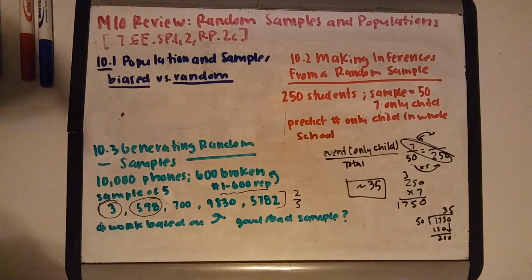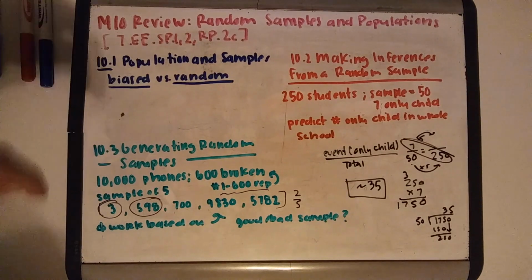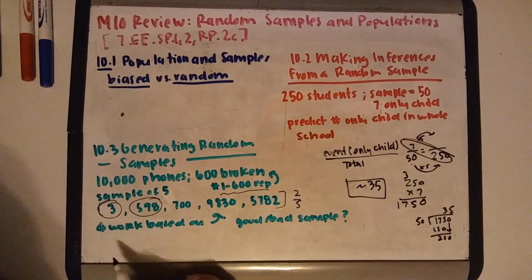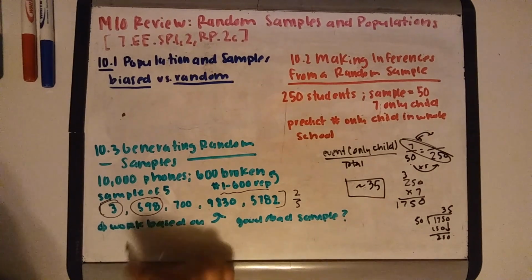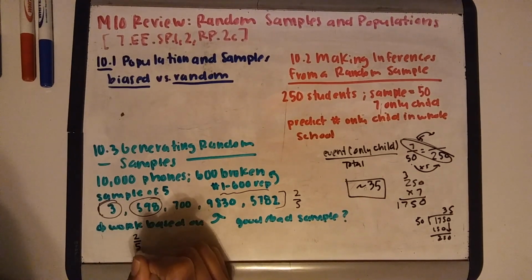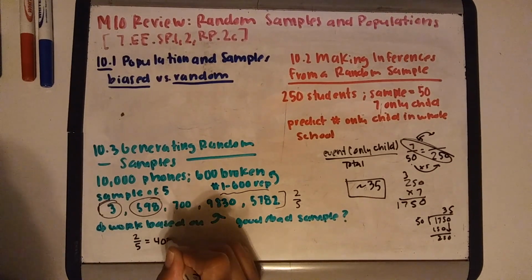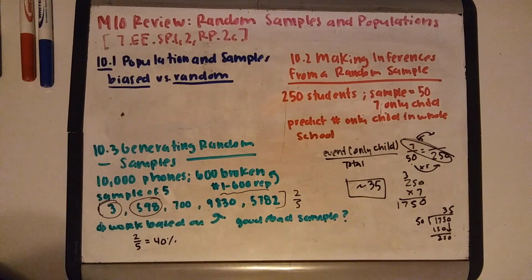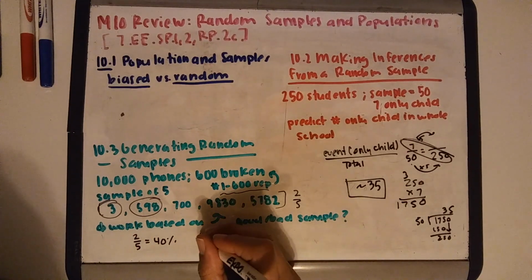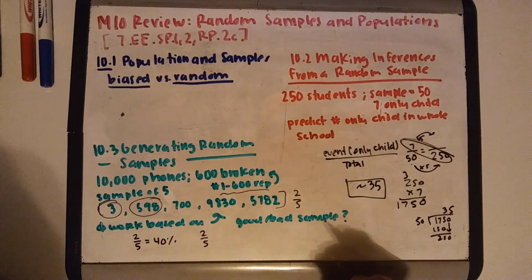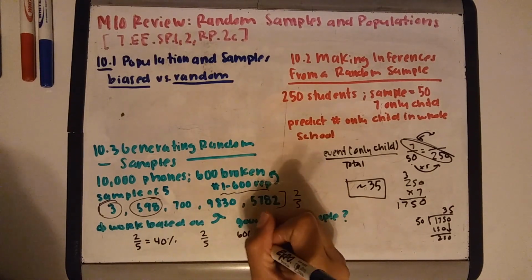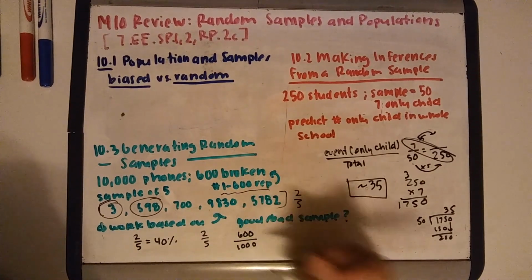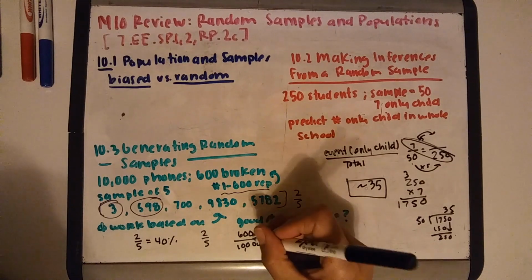Let's see if that's a good sample that you chose, and if not, why. Based on this sample of only 5, you figure out that basically 40% of the phones are broken, because 2 divided by 5 times 100 is 40%. Let's do proportions and see if that equals. Here they say 600 over 10,000.